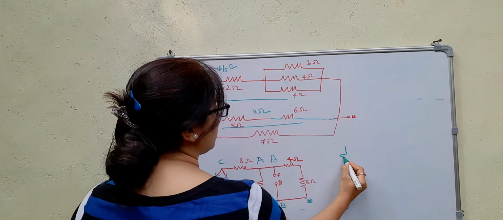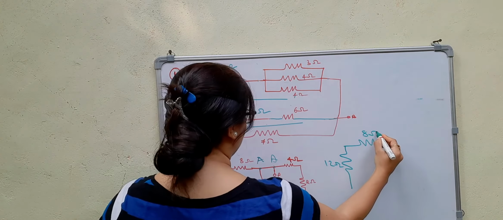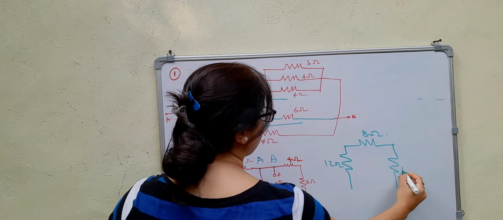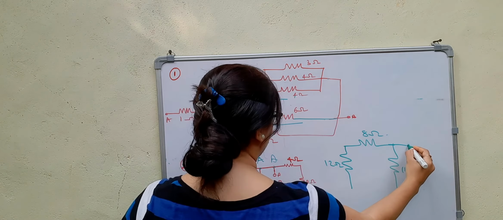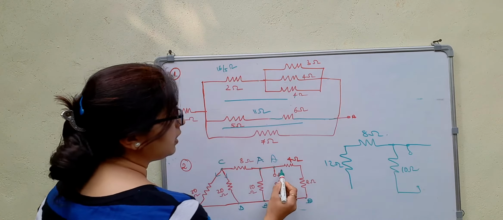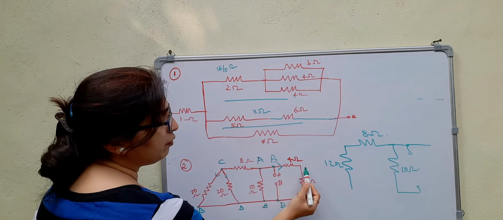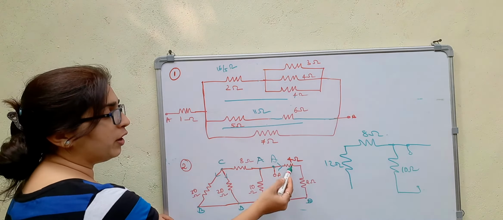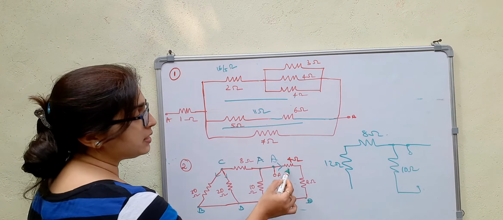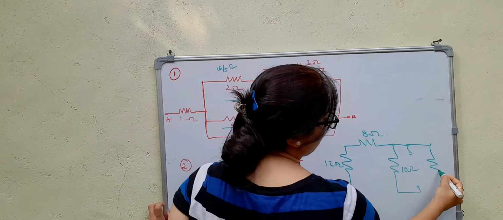So see, this is 12 ohms, here we have 8 ohms, then we have 10 ohms. This is the terminal. Then you have C, in between A and B. If the current flows, the same current flows through the 4 and 2 ohm, so these are in series. I can consider it as 4 plus 2, 6 ohms.